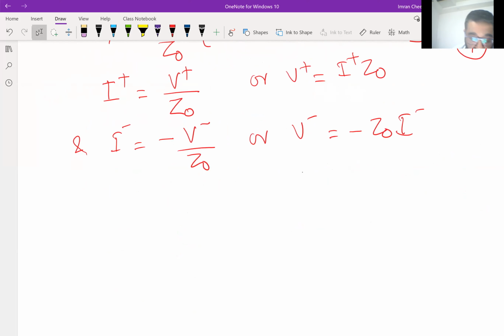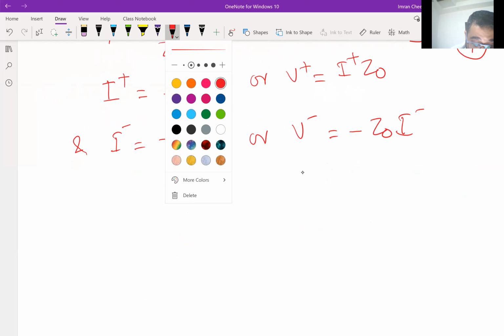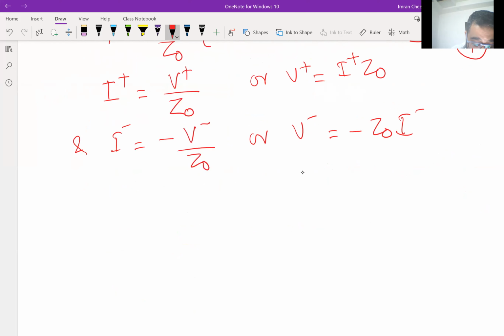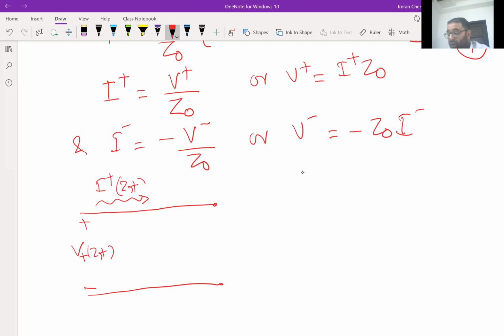So the intuition for these two solutions, hear it very carefully. This is my two conductor line, which we started modeling. This line is being energized by a positive voltage, and this voltage is accompanied by a positive current, and both of them are linked by the characteristic impedance.